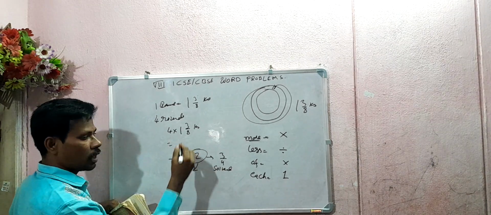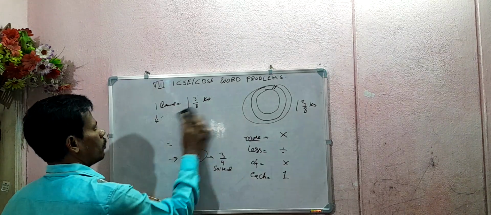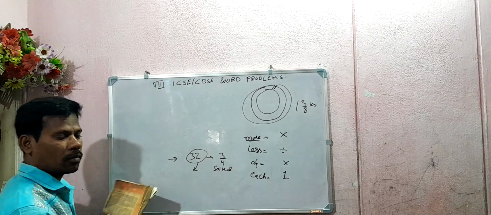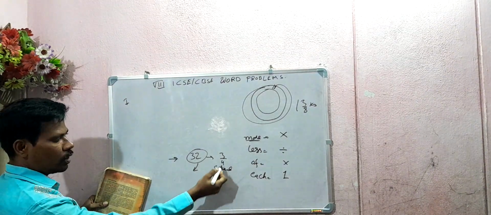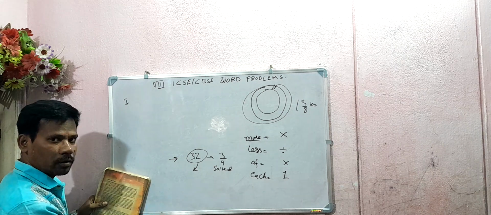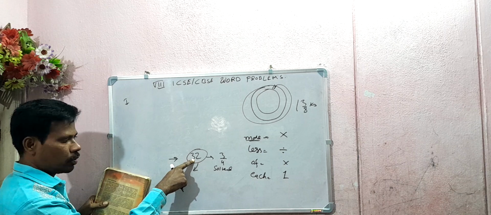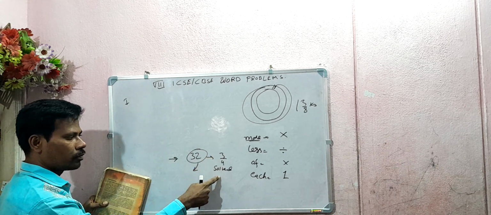This can be done in two methods. Both methods I will be teaching. Method 1. First calculate how many problems he solved. Once again, the question is, the teacher has given 32 problems. He has worked out 3/4 of them.